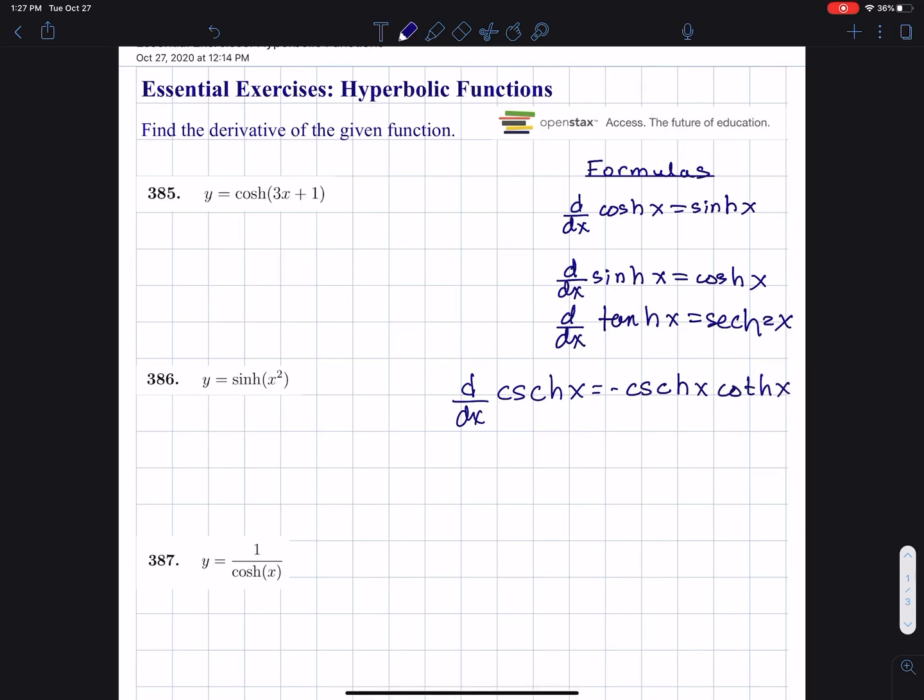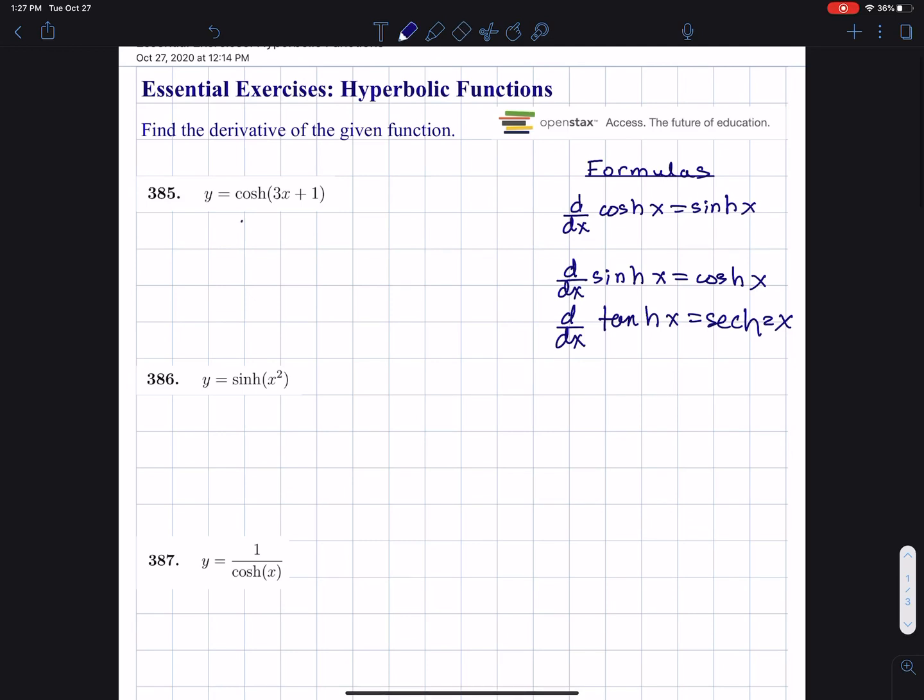These look very similar to the derivative formulas of trig functions, but for trig functions, the derivatives of cosine x, cotangent x, and cosecant x all have a negative in front, while for the hyperbolic functions, it's the ones that are reciprocals. I was just pointing out how you can memorize this.